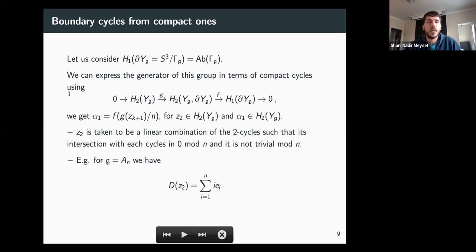So these divisors are obtained basically by requiring that their intersection with any other two-cycle has a charge which is a multiple of n, if say Zn is my center symmetry. I'm requiring that the charge of any particle with respect to this divisor is a multiple of n.